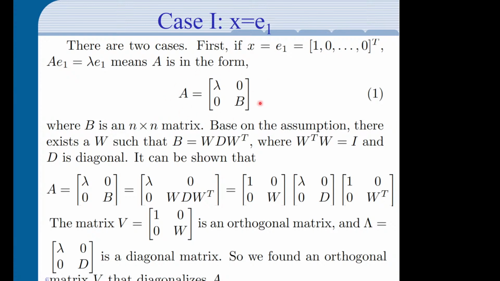We are trying to say A is going to be this block diagonal form. To show this in a more concrete example, let's assume x is the easiest vector, e1, which is 1 0 0 0 0.